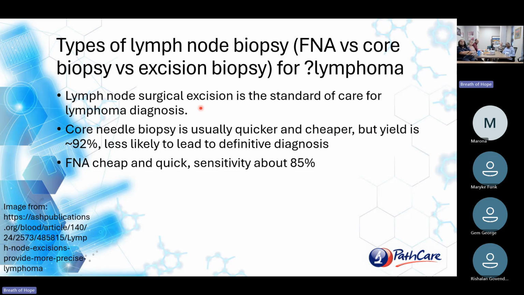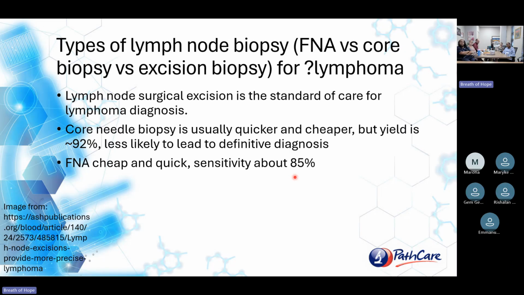So we say lymph node surgical excision is 100%. You'll diagnose 100% of your lymphomas. Your core needle biopsy is going to be 92%. You might end up doing a surgical excision anyway. And FNA is the cheapest and the quickest, but the sensitivity is only about 85%. So you're going to miss about a quarter of your lymphomas doing FNAs as your primary diagnostic modality.